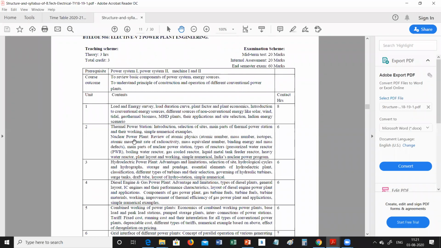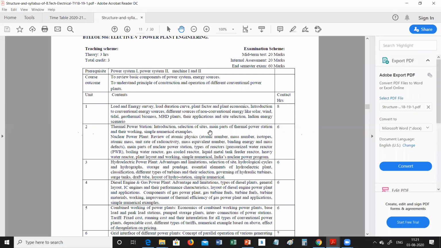The second chapter is about the thermal power station. Most of the time it is steam based or coal based. We will see that. After that, the next chapter consists of the nuclear power plant, with its various components and the constituents required to generate nuclear power.